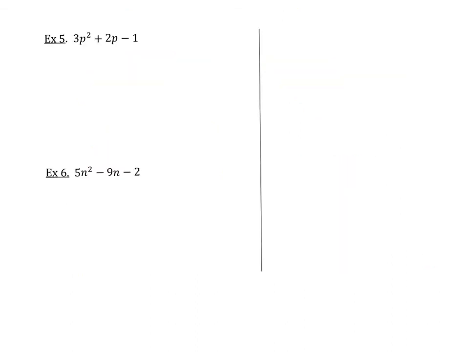Let's try 2 more. I'm changing the c term to a negative. So 3p to the second plus 2p minus 1. Okay, again, I'm making you do at least 2 guesses. Okay, so for 3p to the second, let's say 3p times p, or 3p times 1p would also be okay. 3p times p. Okay, for the last term, it's a negative 1.